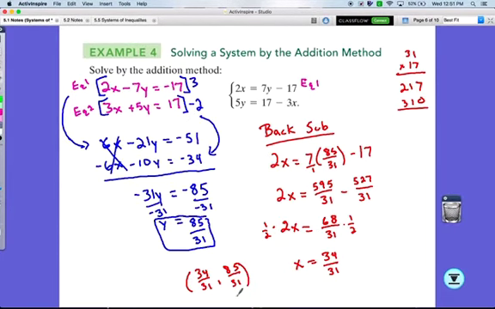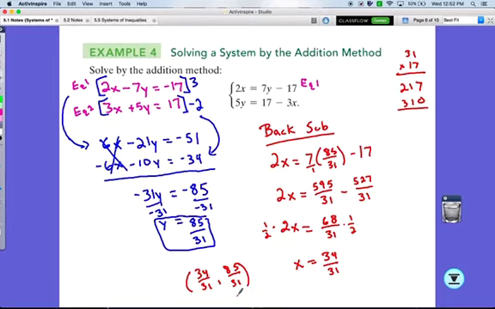All right, what you would do to check it is you would go back and plug it back in using your calculator. And on the left-hand side of equation 1, you would say 2 times your x value, which you think is 34 over 31. So 2 parentheses, 34 divided by 31, that gives me about 2.194.